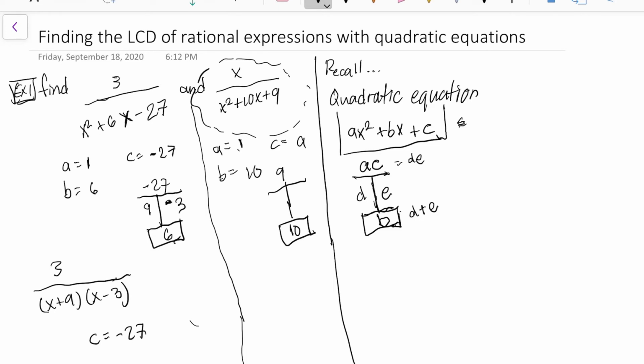So obviously the two numbers that multiply to 9 and add to 10 are 9 and 1. Thus we can rewrite this rational equation into x all over x plus 9 and x plus 1.